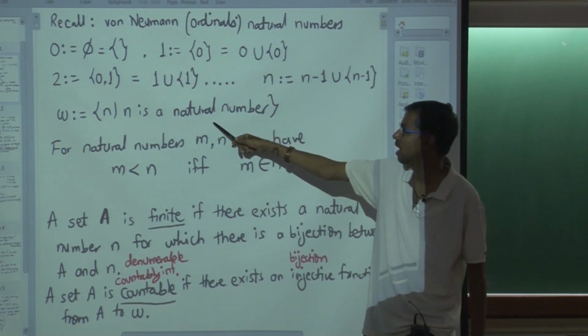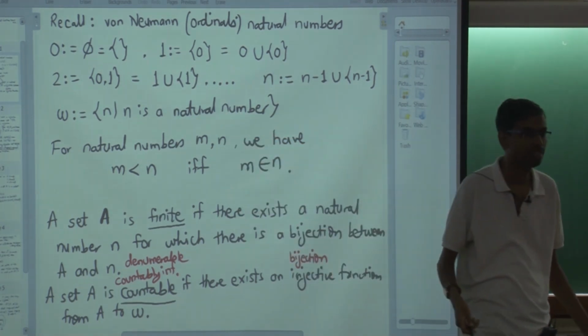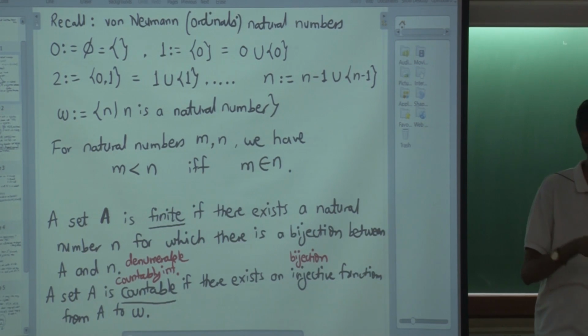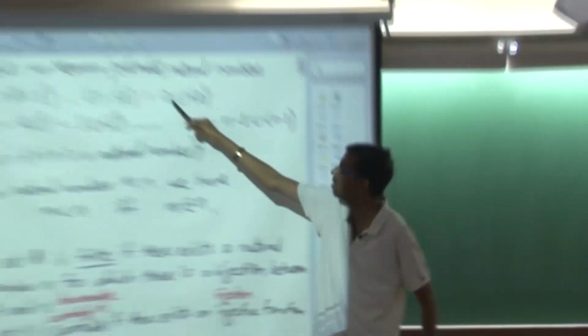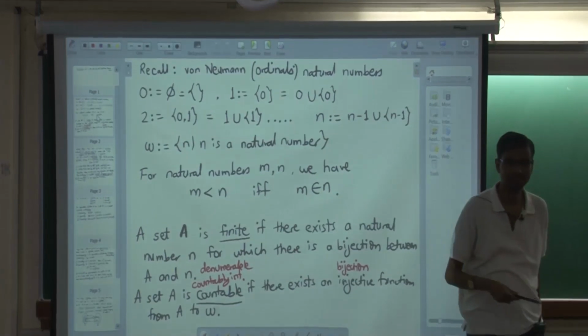Then you can also define omega plus 1. Omega plus 1 will be omega union singleton omega. Omega plus 2 will be omega plus 1 union singleton omega plus 1, and this process never stops actually. That's how you get all of the von Neumann ordinals.